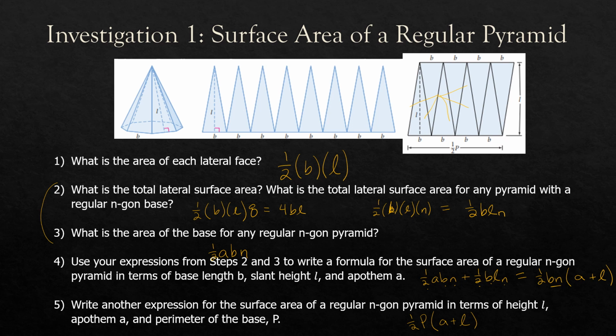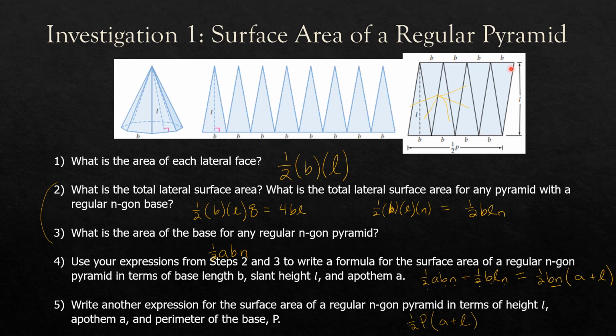Here we have a picture. If we were to put all those lateral pieces together, right side up and upside down, we can see that down here at the bottom, we have half of the bases, or half of the perimeter. And then up and down, we have L, the slant height, because that is the height of this triangle.